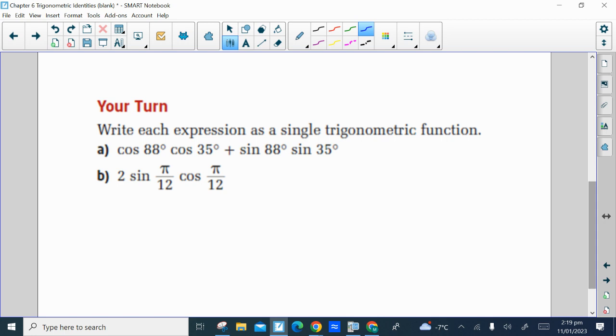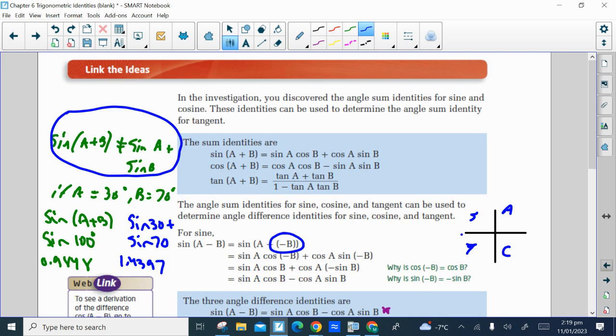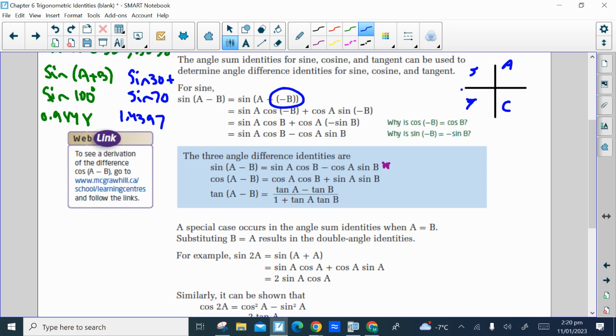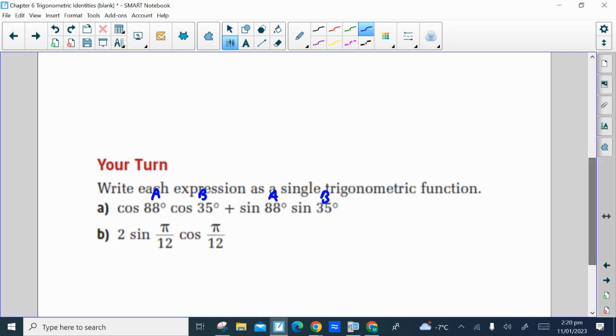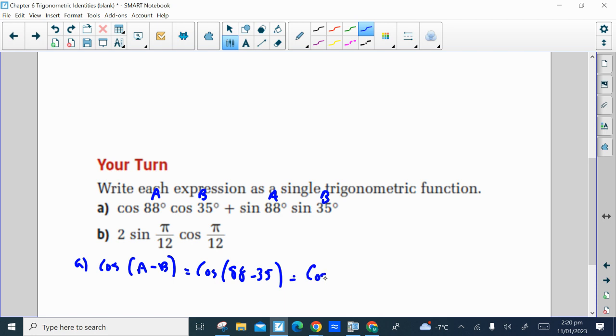But it starts with recognizing the pattern. So for question A, if we see that we've got 88 degrees, if we let that represent A and 35 represent B, the pattern here is cos A cos B plus sine A sine B. Well, if we look at our identities here, that's the cosine of A minus B. Cos A cos B plus sine A sine B is equivalent to cosine of A minus B. So for question A, it'll be the cosine of A minus B, or the cosine of 88 take away 35, which is the cosine of 53 degrees.